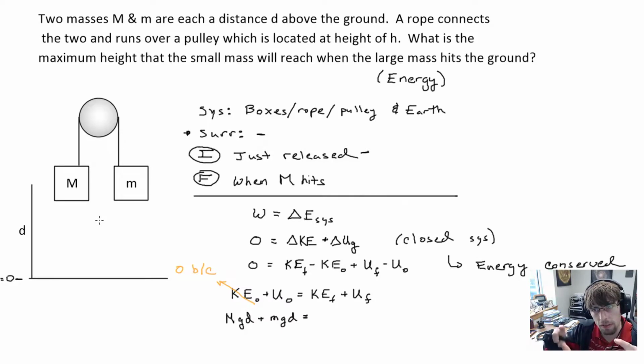So the magnitudes of the displacements are going to be the same. Those are going to happen in the same time interval. The speeds must be the same. So what we'll do is we'll write this as 1/2 little m v squared plus 1/2 big M v squared.